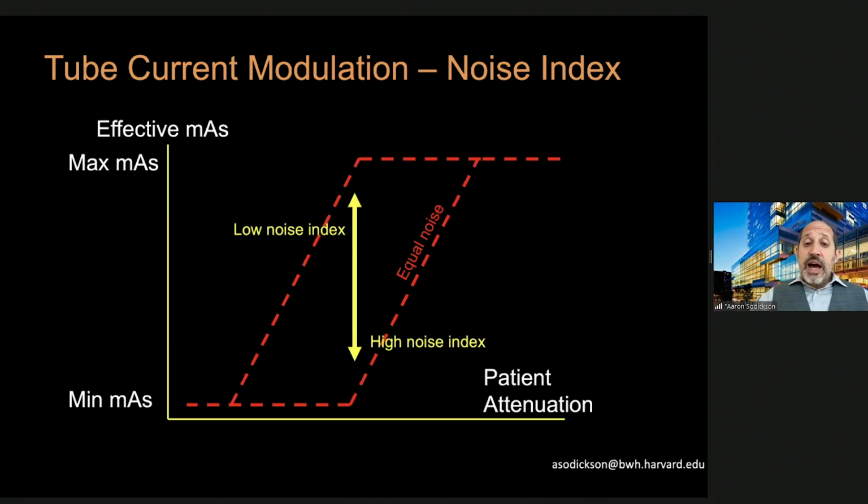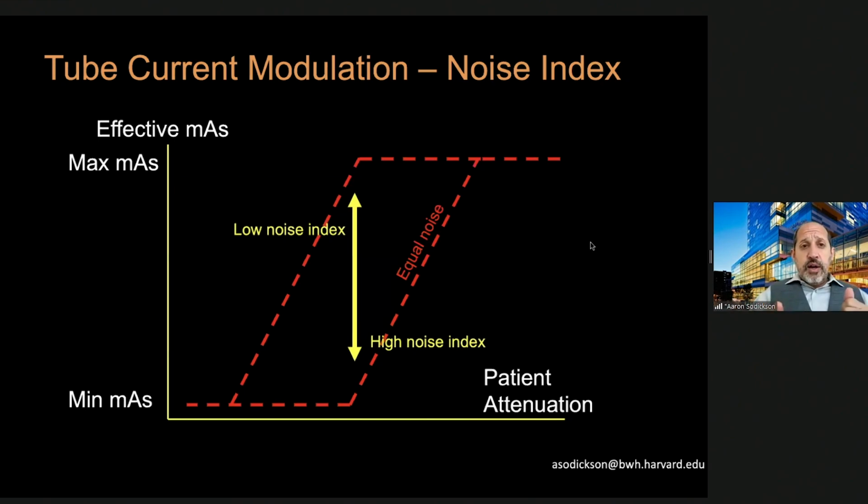So this means that a high noise index means we're willing to tolerate more noise in our image, which means lower X-ray flux. Or if we set a low noise index, that means we want less noise in our image. We want a smaller standard deviation of the noise if we were to make that measurement. And so that drives our radiation dose higher to maintain that higher level of image quality.